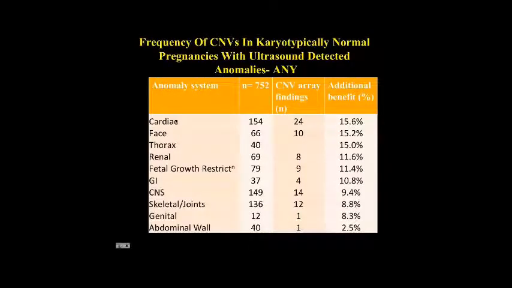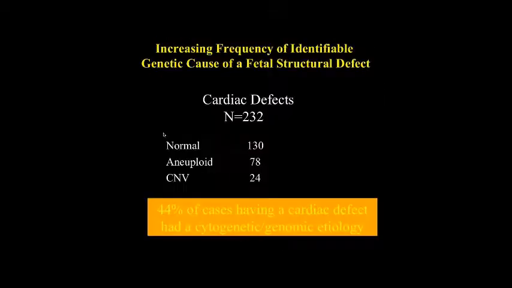As you can see, in some systems such as cardiac and facial abnormalities, despite the fact the karyotype was normal, 15% of patients had a copy number variant of clinical relevance. As you see, that actually falls significantly based on other organ systems. But interestingly, even pregnancies in which there is fetal growth restriction have a significant presence of copy number variance.